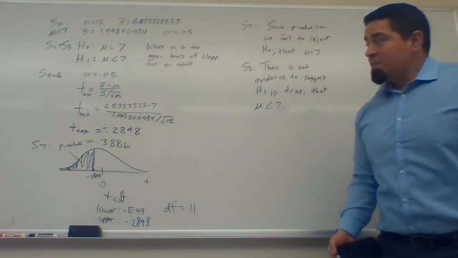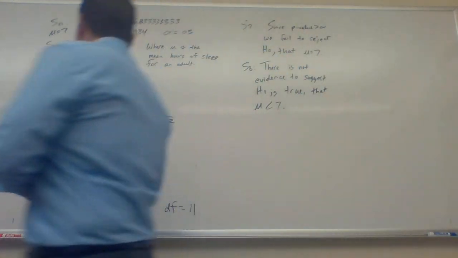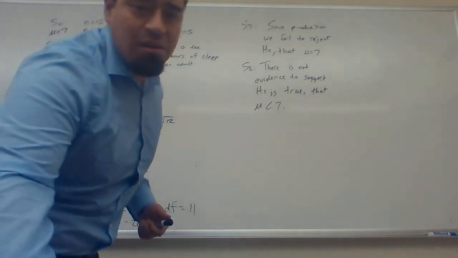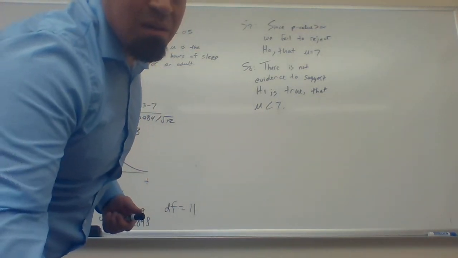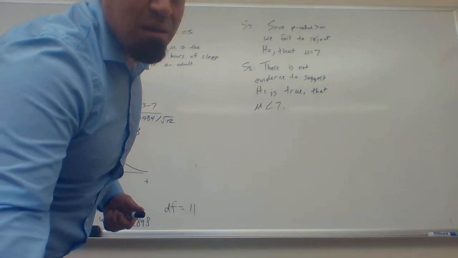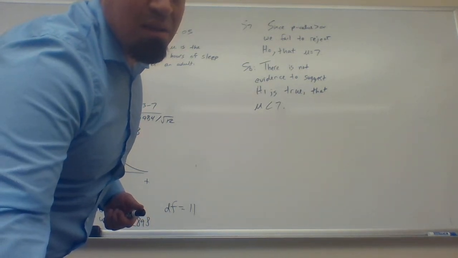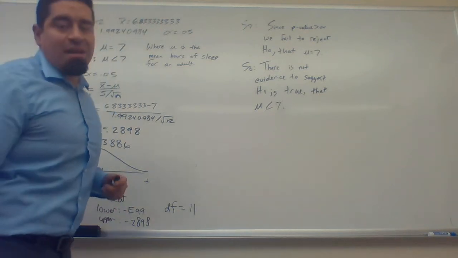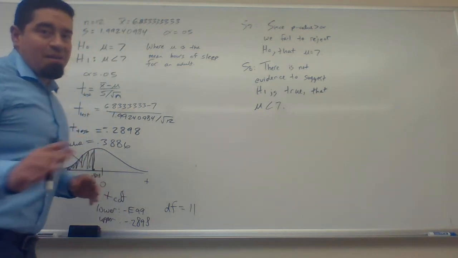Now, if we wanted to do the critical value method, which is example 2 on your notes. Actually, they say finding the p-value method without technology. Here's the only thing.